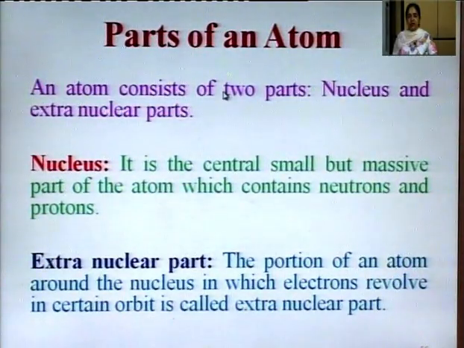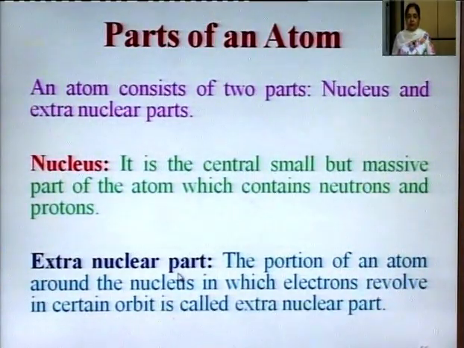Parts of an atom. An atom has two parts, the nucleus and the extranuclear part. First is the nucleus. It is the central, small but massive part of the atom which contains neutrons and protons.